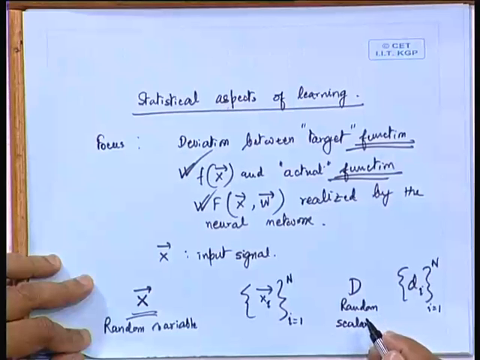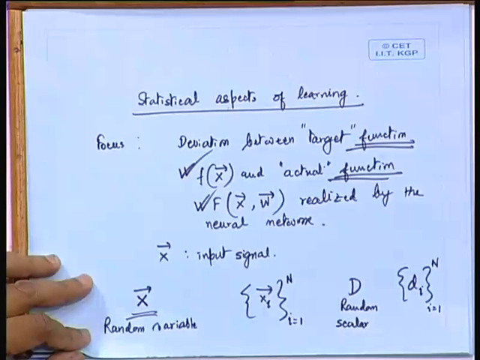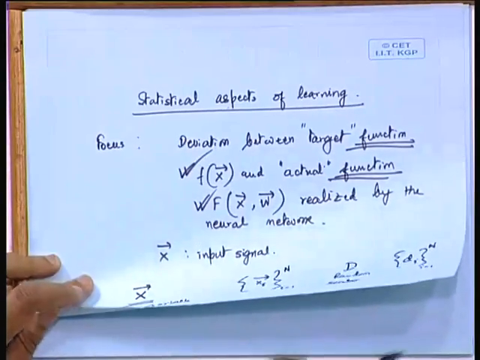And what more we have to take is that this x vector is an independent random variable, whereas this D is a dependent random scalar quantity. D is dependent and x is independent. We must have that in mind. D is very much dependent on x.